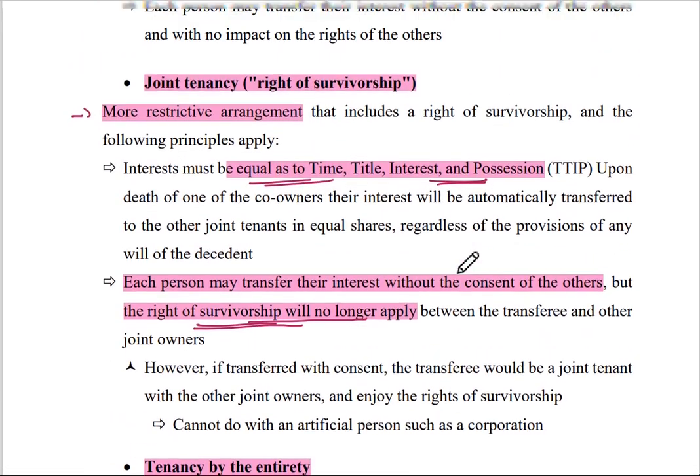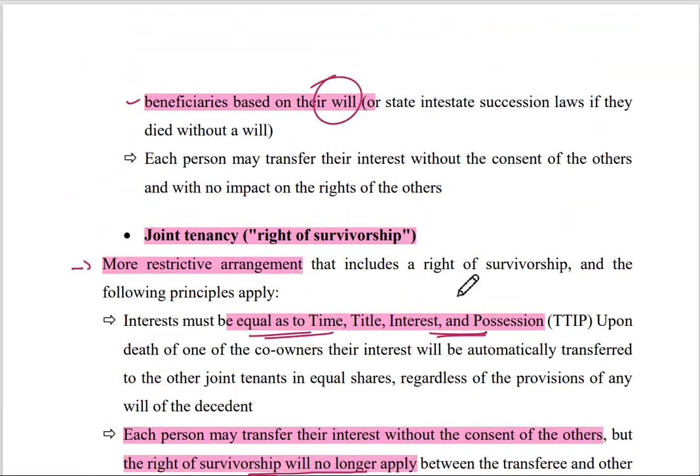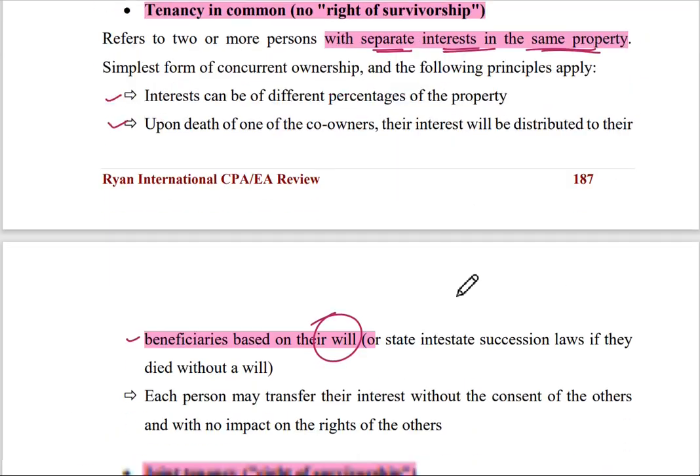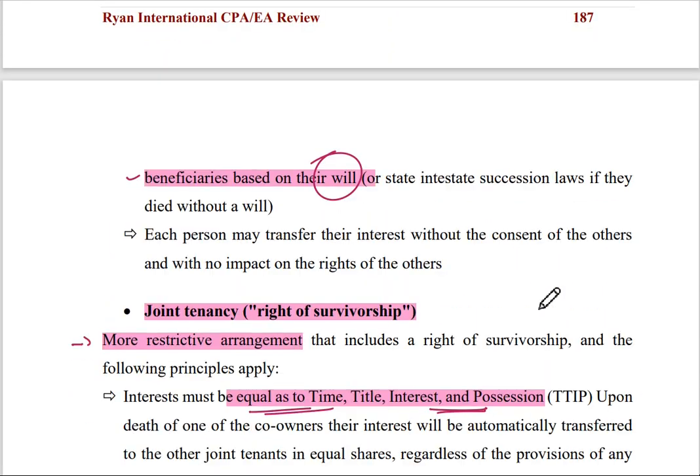So in order to understand joint tenancy and tenancy in common, let's say in tenancy in common, three people own a particular property, and let's say C dies.